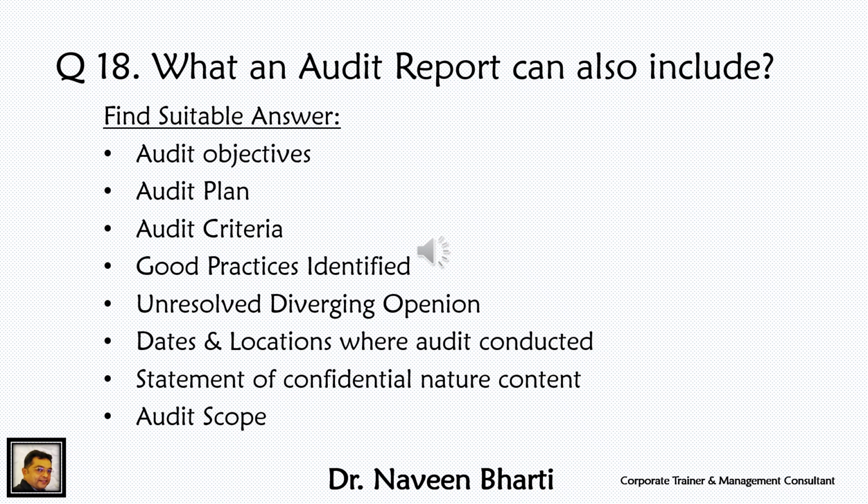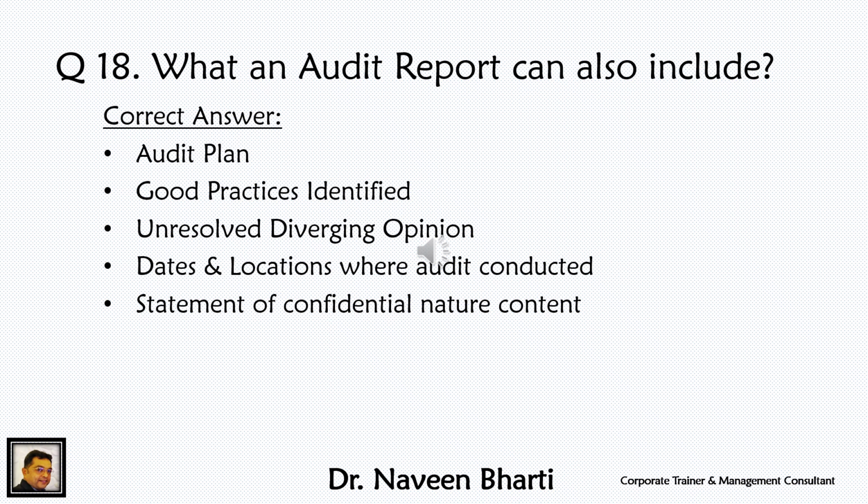Check the suitable answers given. An audit report can also include the audit plan, can also include the good practices identified during audit, can also include any unresolved diverging opinion of the auditees, can also include the dates and locations where audit conducted, and the statement of confidential nature content.